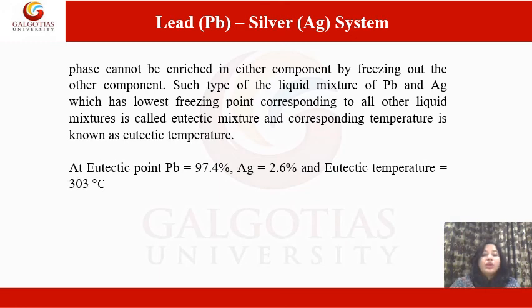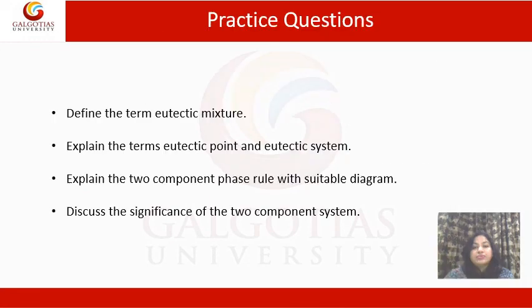Such a type of liquid mixture of lead and silver, which has the lowest freezing point corresponding to all the liquid mixtures, is called a eutectic mixture, and the corresponding temperature is known as the eutectic temperature. So at the eutectic point, lead equals 97.4% and silver equals 2.6%, and the eutectic temperature is equal to 303 degrees Celsius.